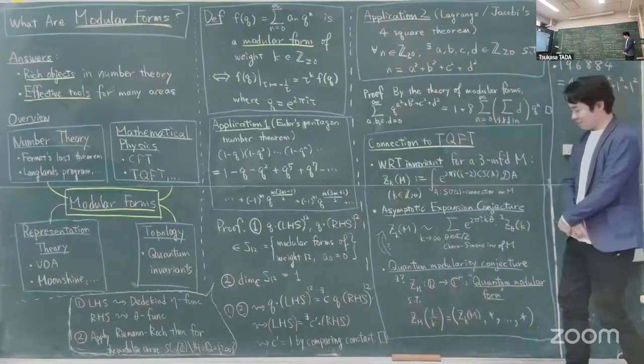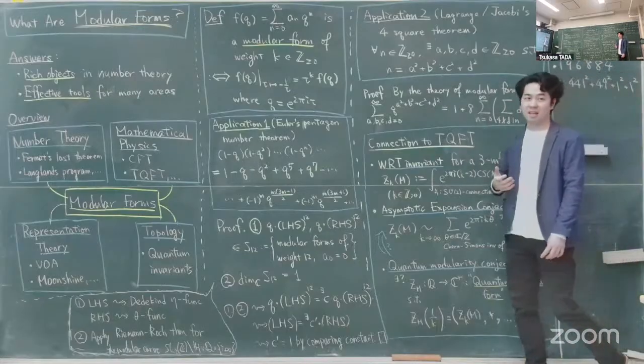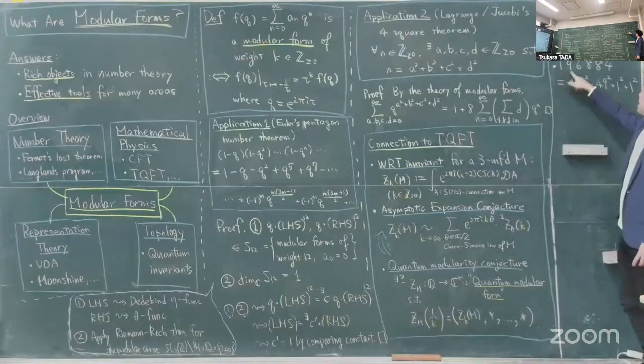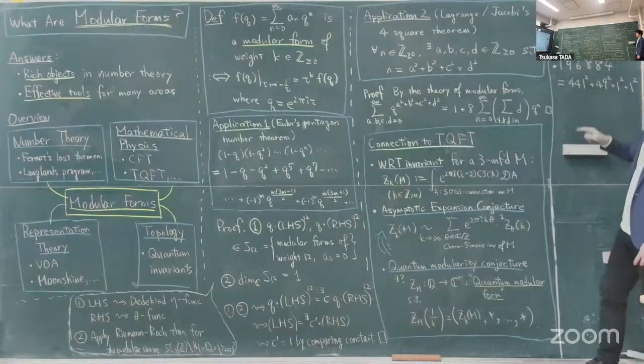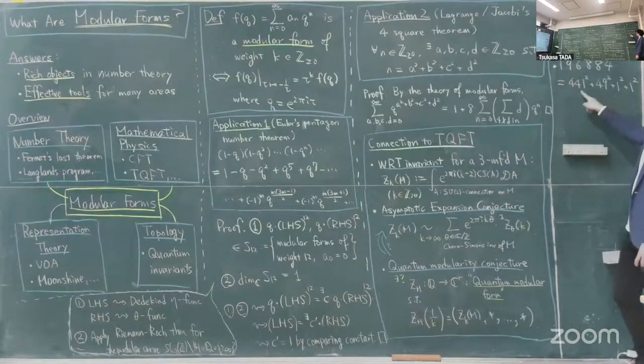And this type of equality holds for any positive integer. For example, 196,884, this is a large number, but it also has such a decomposition.